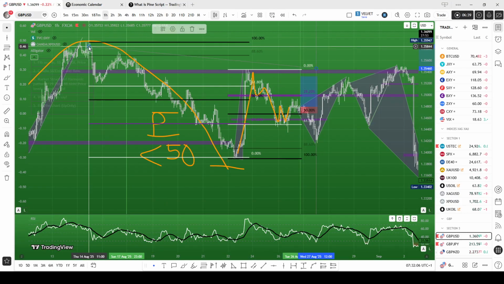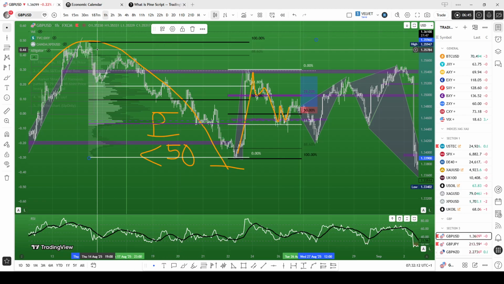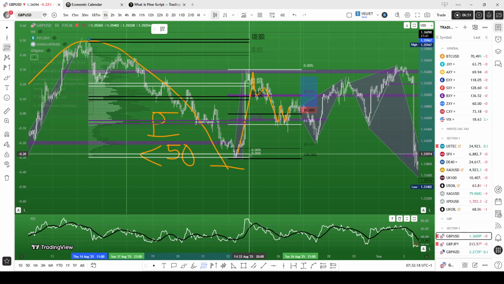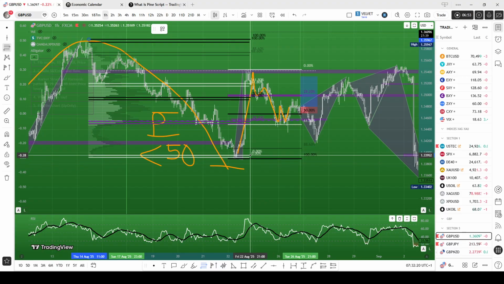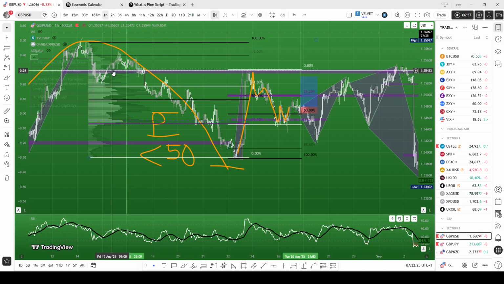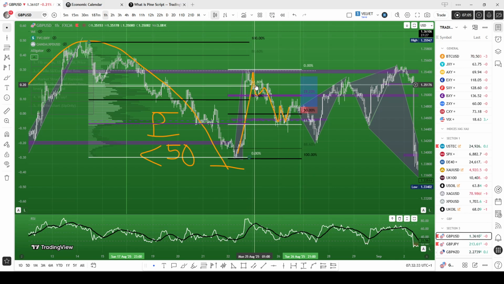Let's actually focus a little bit more. If we focus just on this fib, then we have VHL there.